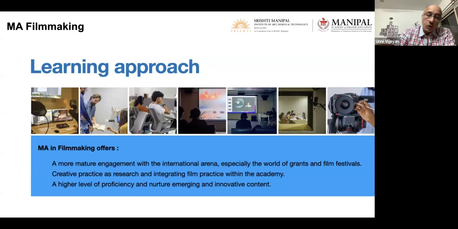Again, this course would also look at how we consider practice as research, with PhDs also encouraging practice-based research. This would look into that very closely, so that academically the student would be able to go to the next level and take it up as research.